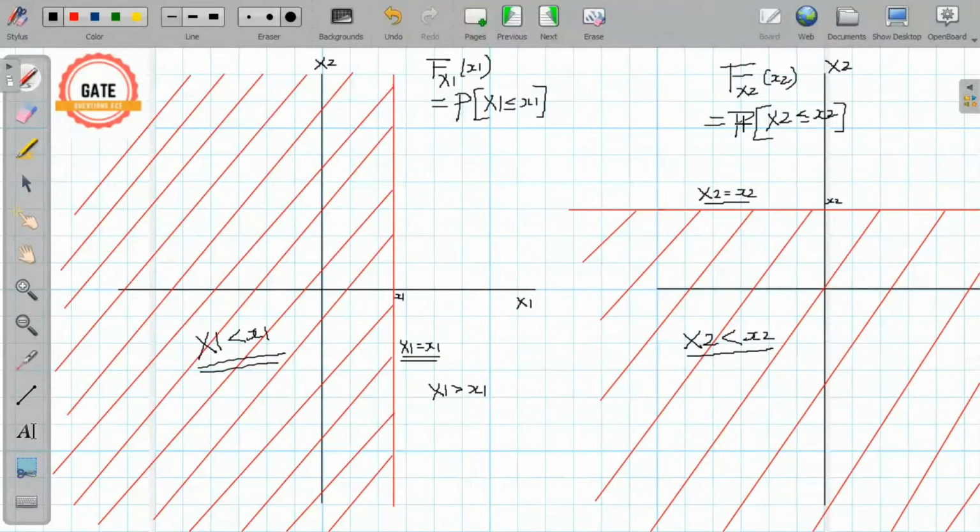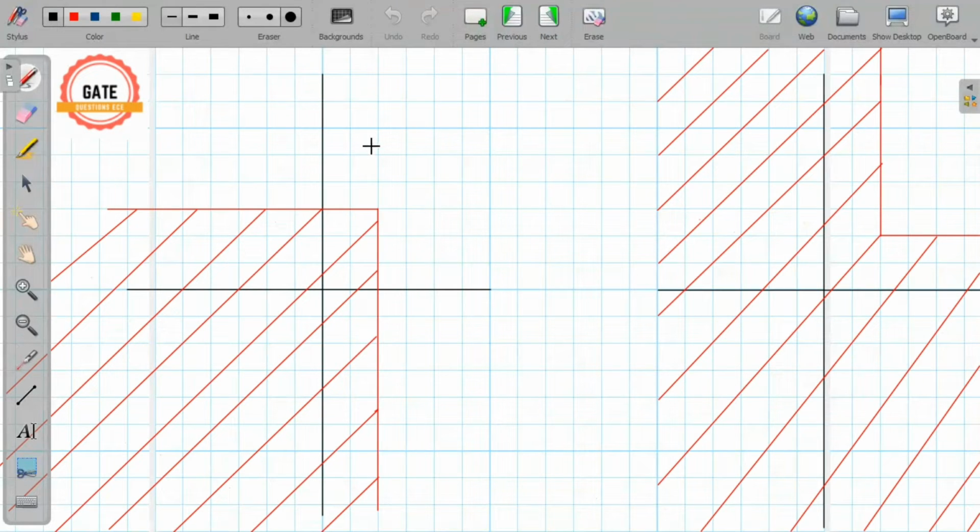Similarly, we can define the joint CDF of X1 and X2 graphically. So let's see the graphical meaning of the joint CDF of X1 and X2. This is the x1 axis and this is the x2 axis, and in this diagram I will explain the meaning of the joint CDF.